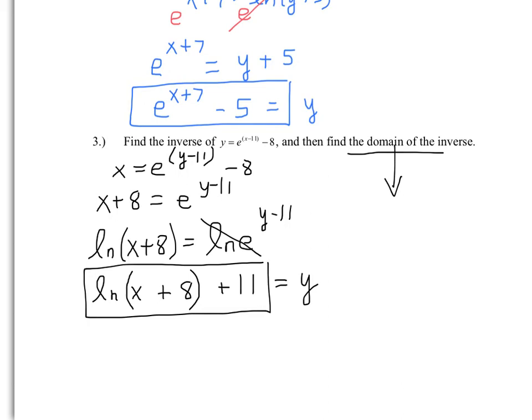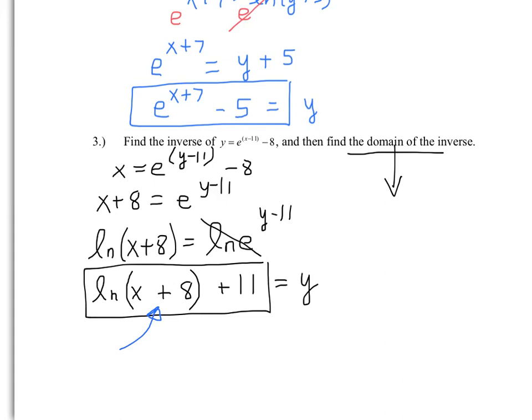And its domain, well, that means possible x values. We said in class that the natural log function, or a log function in general, has a restricted domain. You cannot log 0 and you cannot log negative numbers.